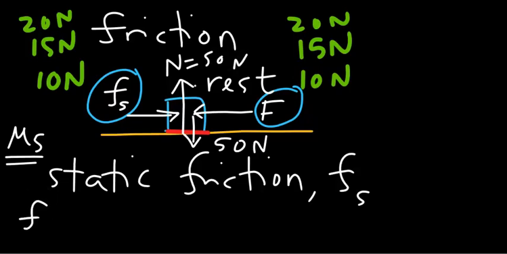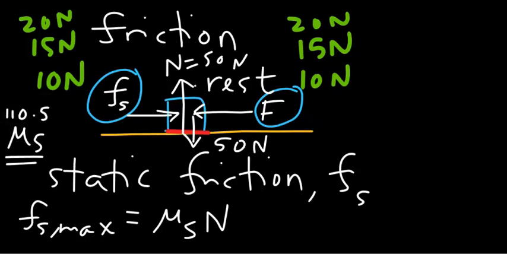So the maximum value for static friction is given by the product of the coefficient of static friction times the normal force acting on the body. So if you take the coefficient of static friction to be, say, 0.5, this maximum limit for the static friction is 0.5 times 50 newtons, which is 25 newtons.